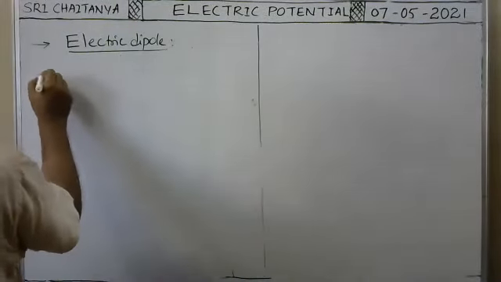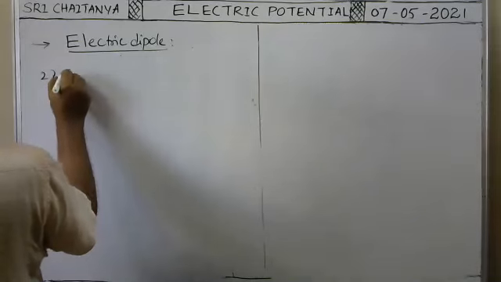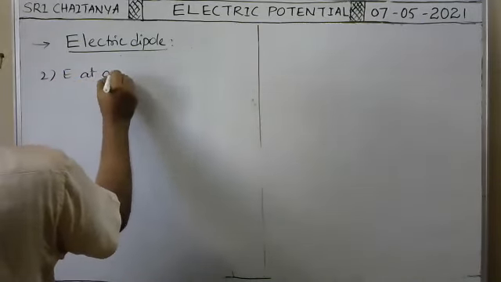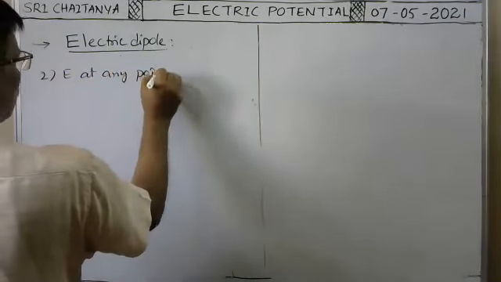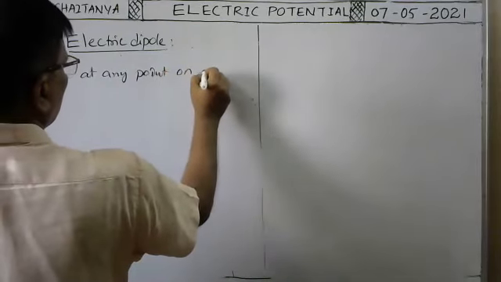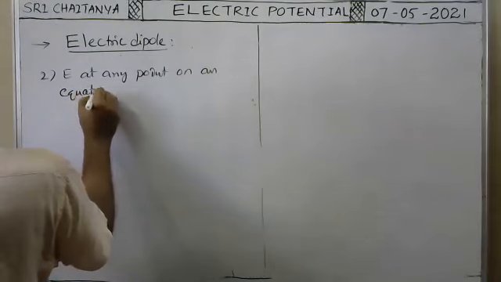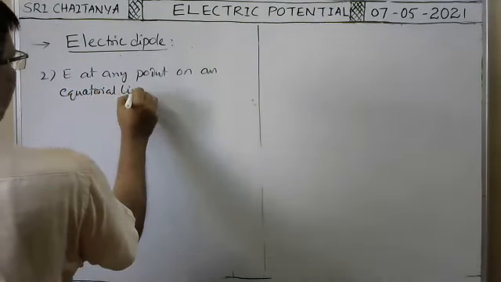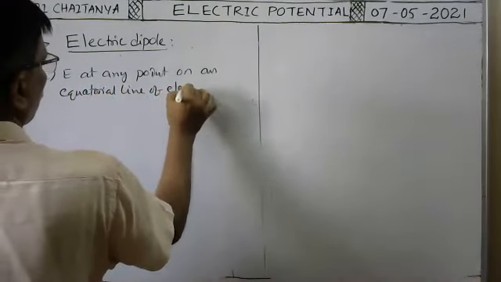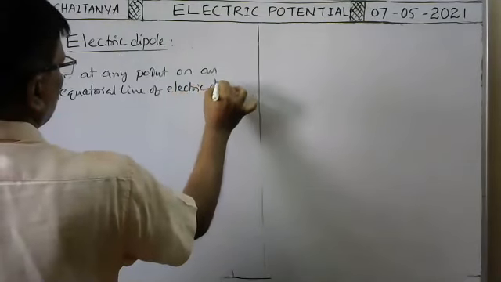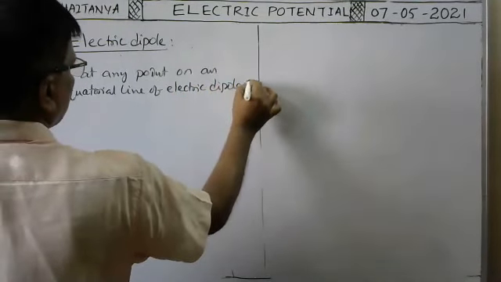Second one, intensity of electric field at any point on an equatorial line of an electric dipole, that is represented E.